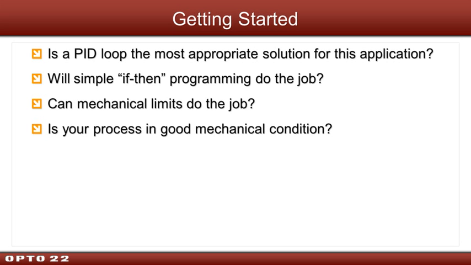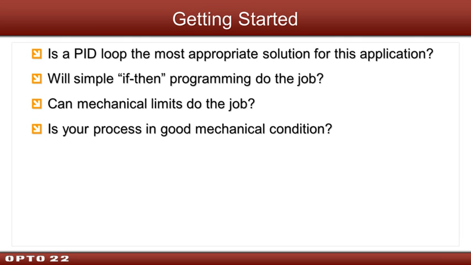If it is, and you've decided that yep, we really do want to put a PID loop in, the other question that's worth asking is: is your process in good mechanical condition? The PID loop is only going to be as effective as your mechanics. Now, obviously, in a brand new installation, a new process, a new plant, you would hope that everything is going to be nice and tight and running very well.